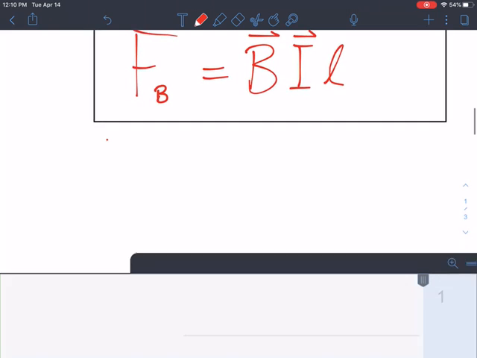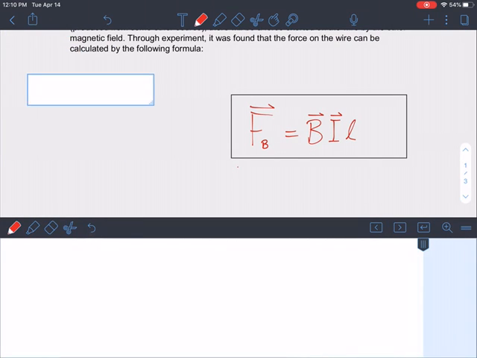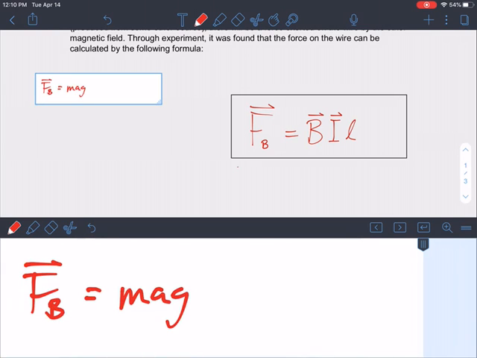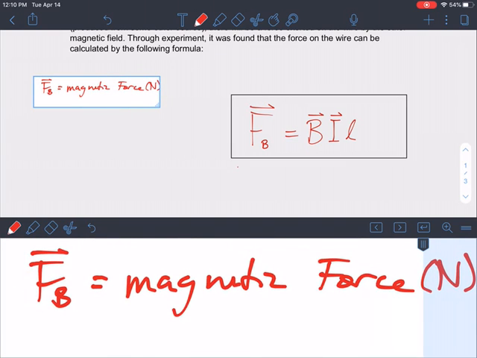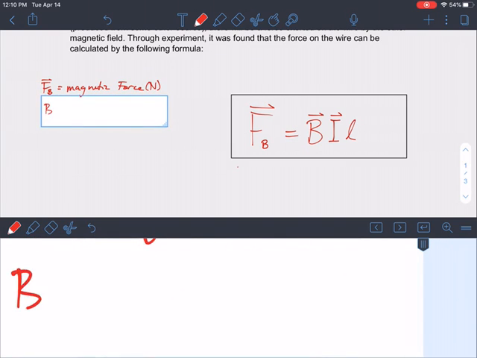F_B stands for magnetic force. That is the force felt, and that's of course in newtons. Always forces in newtons. That's the force felt by the wire. B stands for the strength of the magnetic field.